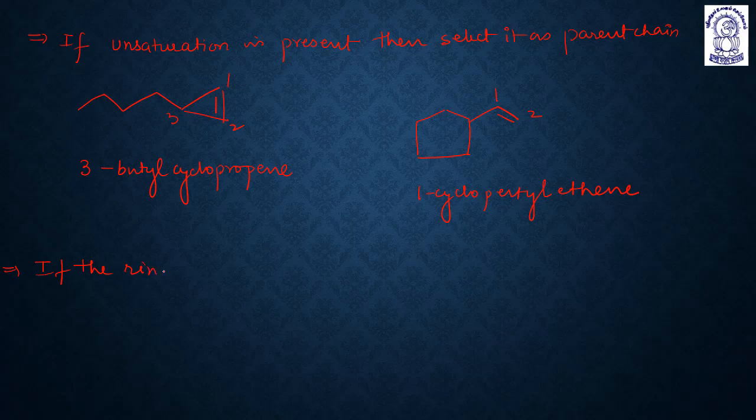If the ring and the non-cyclic part are both unsaturated, then calculate the number of carbon atoms.